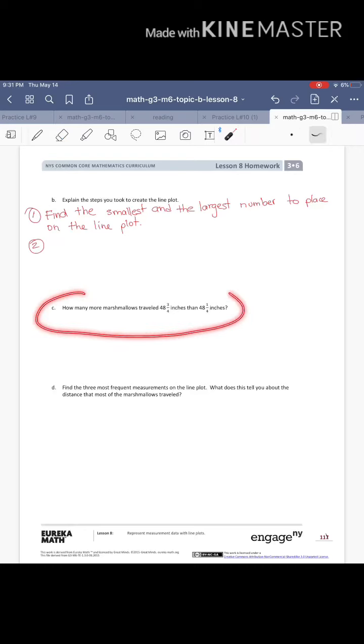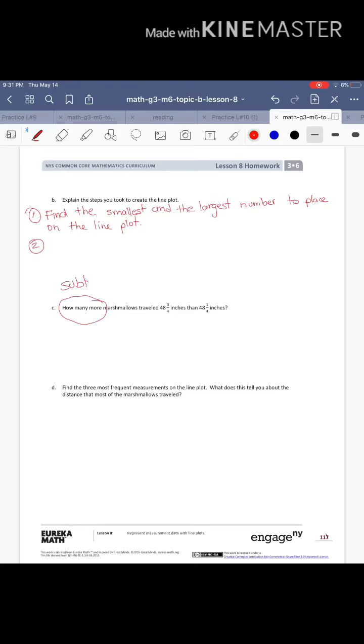Okay, let's move to the letter C now. It says, how many more marshmallows travel 48 and 3/4 inches than 48 1/4 inch? One thing that I want you to remember is every time you see this, the how many more, you're going to subtract.